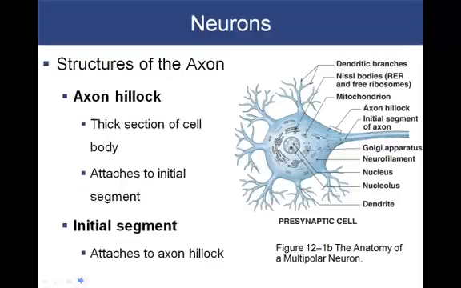When you look at the axon itself, we see that there is a very thick section of the cell body that precedes the axon, and this is identified as the axon hillock. And the axon hillock is associated with the initial segment of the axon.